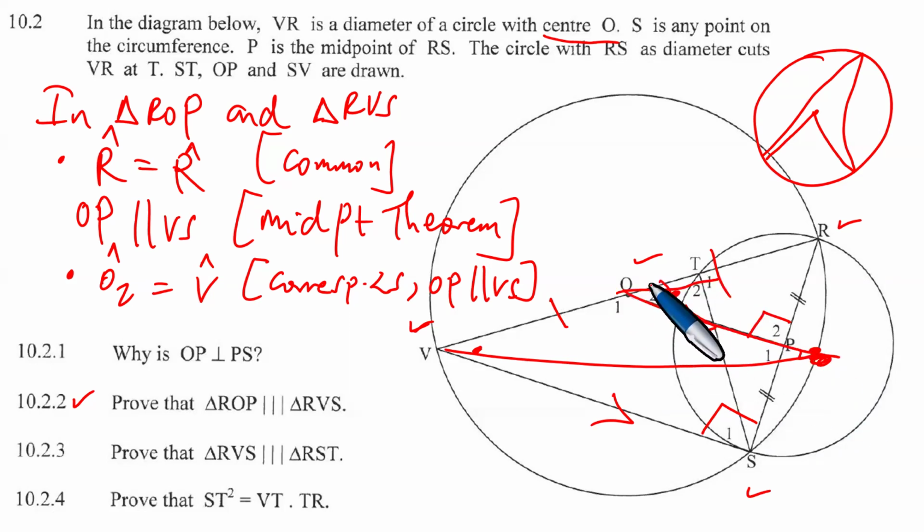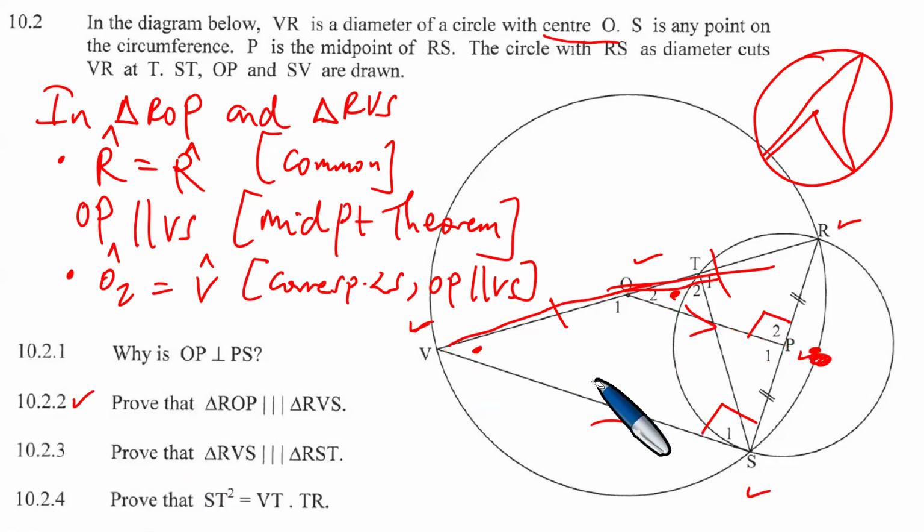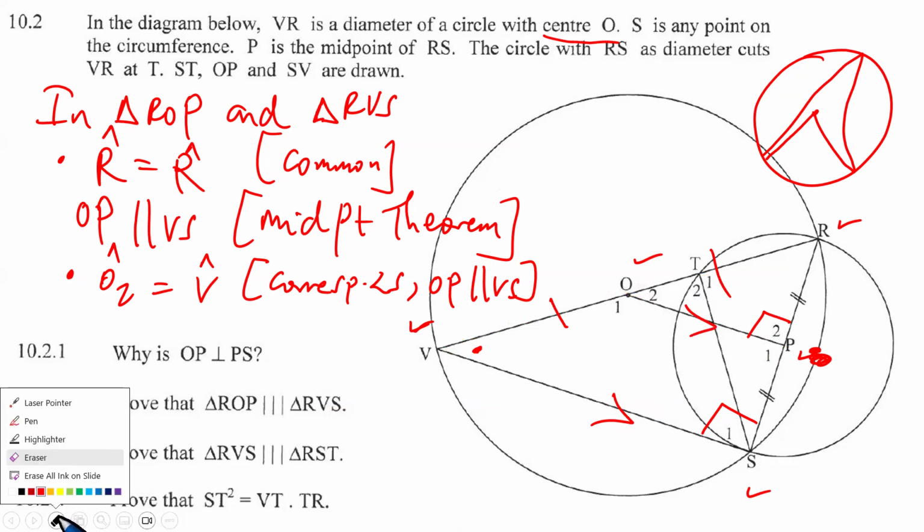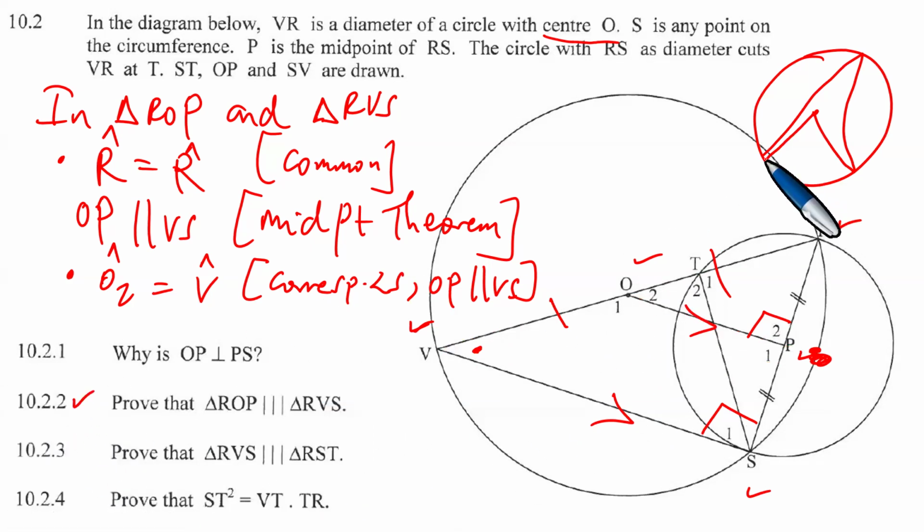Then it would be that angle at center is twice angle at circumference, but obviously it's not like that. Because there are just parallel lines here and it does not take this formation, O2 is just equal to this angle there.